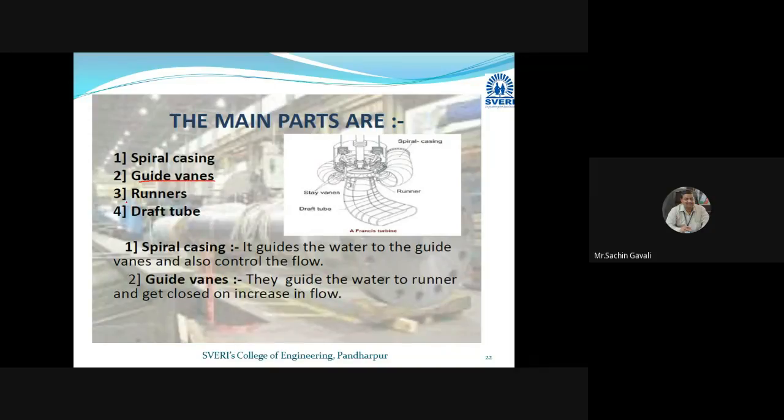Then there is the runner. Vanes or blades are attached to the runner, so that when water strikes these blades or vanes they rotate, and the vanes are connected to the runner. The runner will rotate, and the shaft will rotate. So that is called the runner. Then the draft tube, again in the reaction turbine.